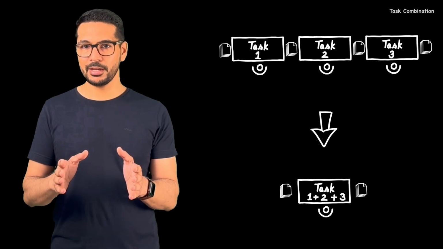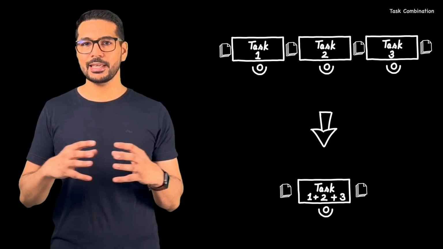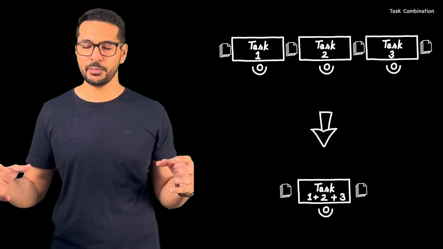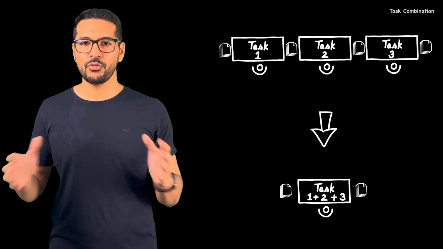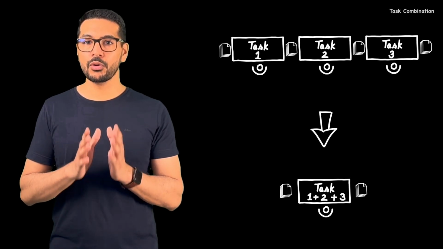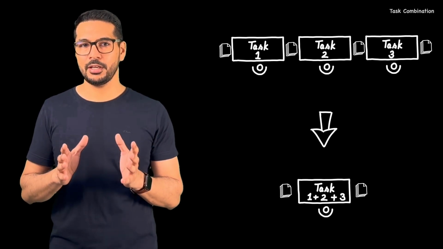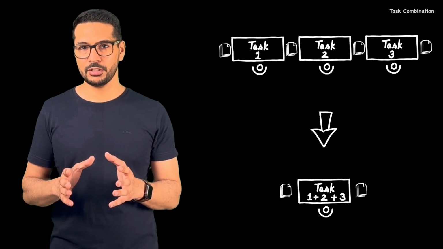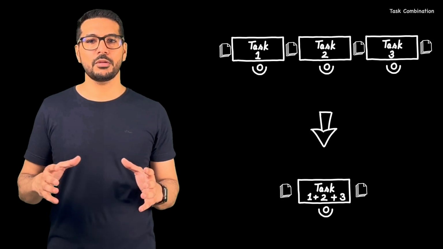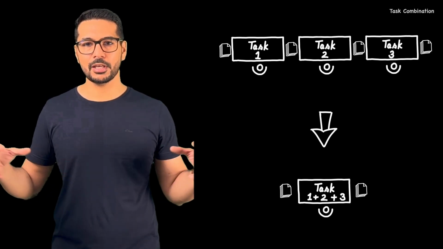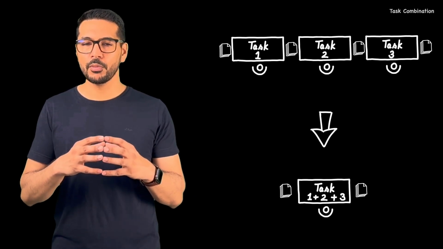If we combine the tasks, we will use the skill set of one employee, because he or she is not doing one repetitive, monotonous task anymore, but now has the chance to do activity number 1 and then 2 and 3. So it increases the variability and asks for more skill set.